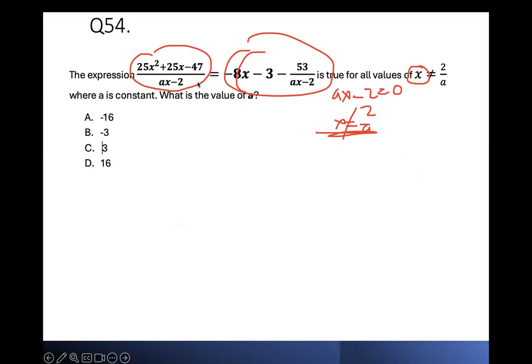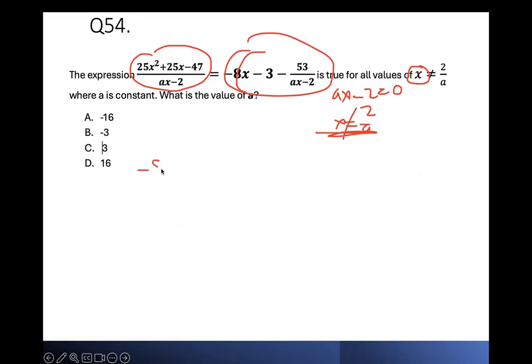In the process, I'm going to make all this look the same, and I can take it out. If it's equal to 0, the equation is not true because this one doesn't satisfy. This will be what? A normal there, and this will be 0 and 0. Therefore, in order to take care of it, I'll make this x plus 2, times ax minus 2.